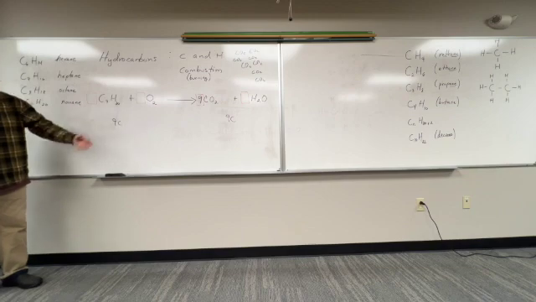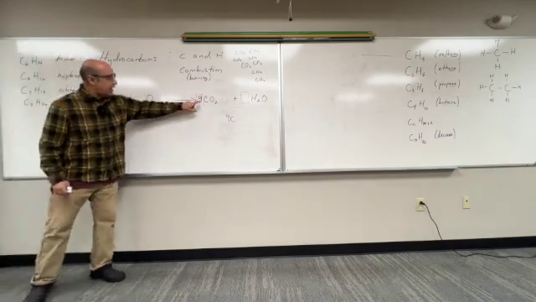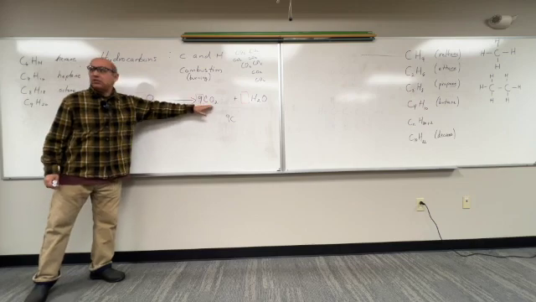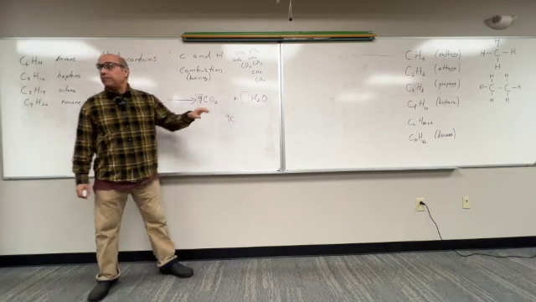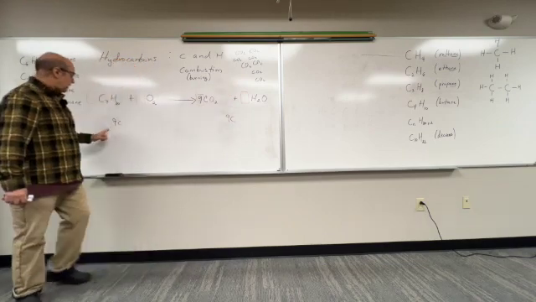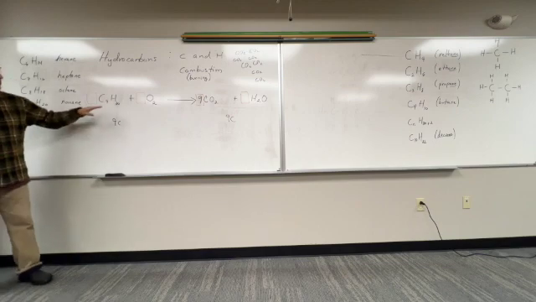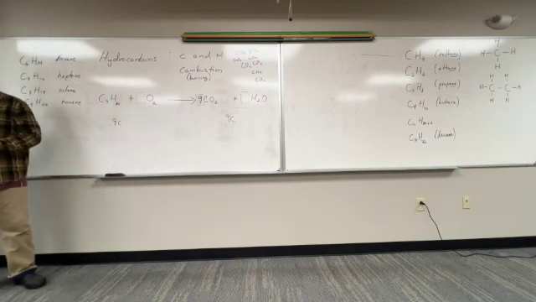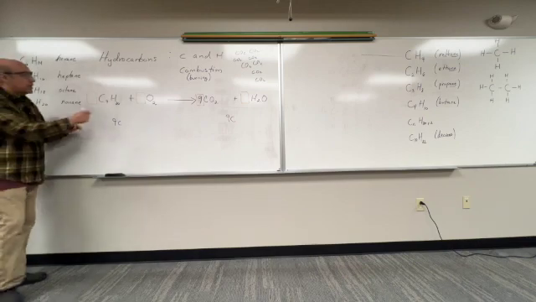But do we agree that by putting a 9 there, we did not change CO2, we just have 9 of those, and now we have 9 carbons and 9 carbons, right? Let's count the next element. What is here? Hydrogen, right? How many hydrogens do I have on this side?